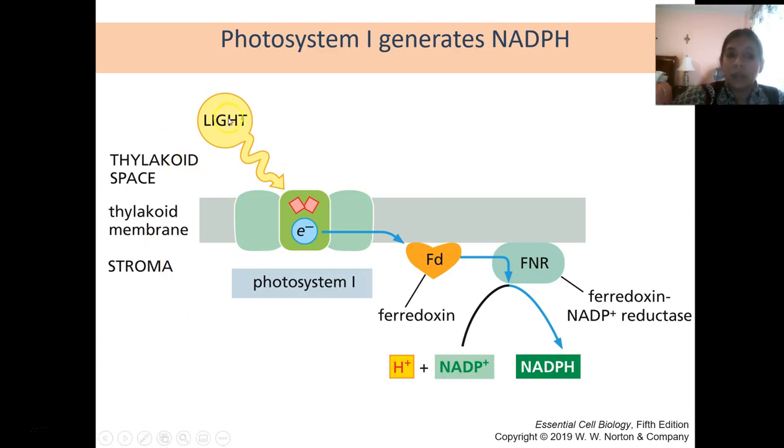So you had the light hitting your antenna system, and your special chlorophylls in the reaction center. The electrons that are made from there are transferred first to a ferredoxin intermediate carrier that binds to a ferredoxin NADP+ reductase molecule to produce NADPH.